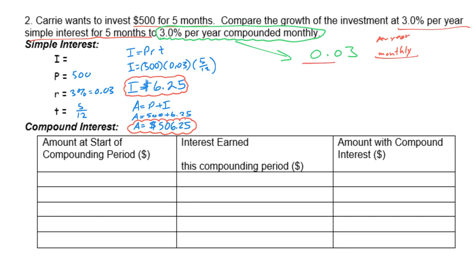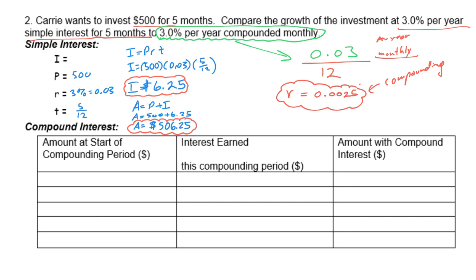So that means we have to divide our 0.03 by 12. And that gives us a final answer for our rate to be 0.0025. So that is our interest rate for our compounding period.